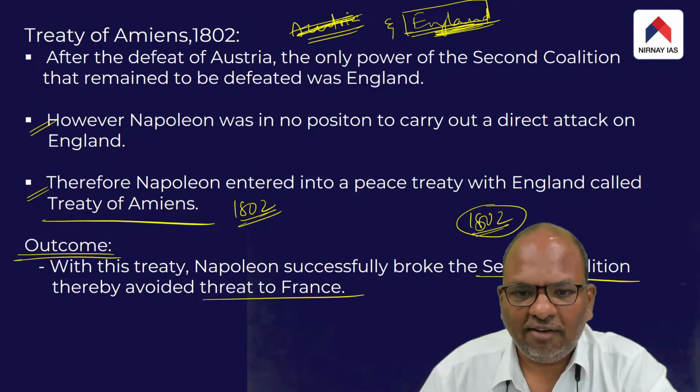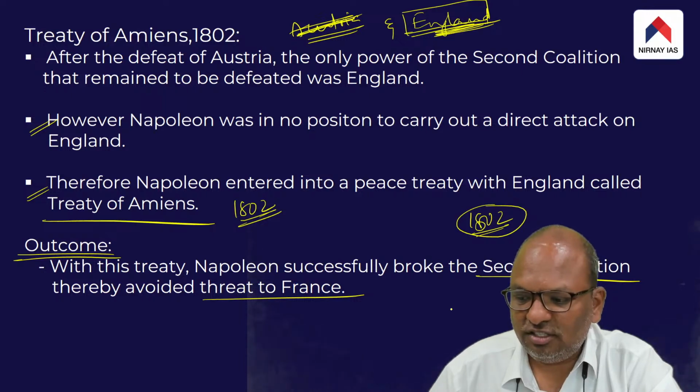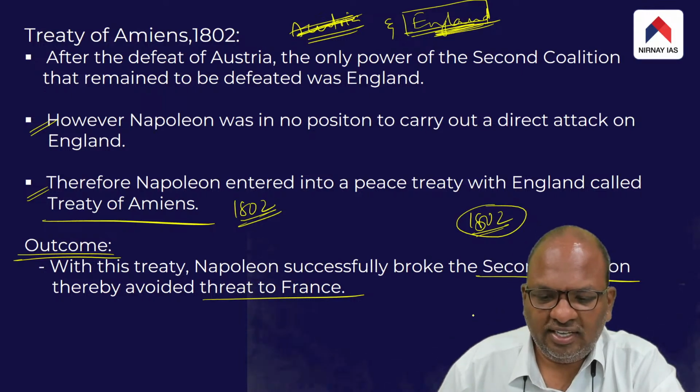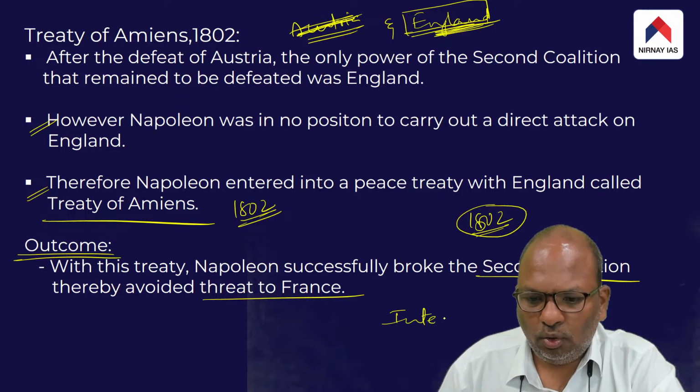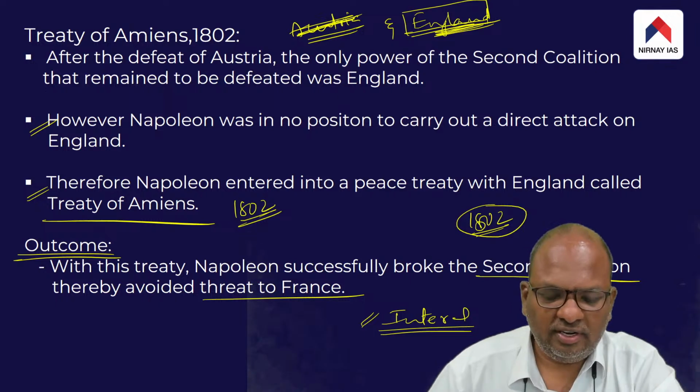was successfully averted. So take a look at the achievements of Napoleon in his capacity as First Consul. He carried out a host of internal reforms. In all of these internal reforms, he was very, very successful.